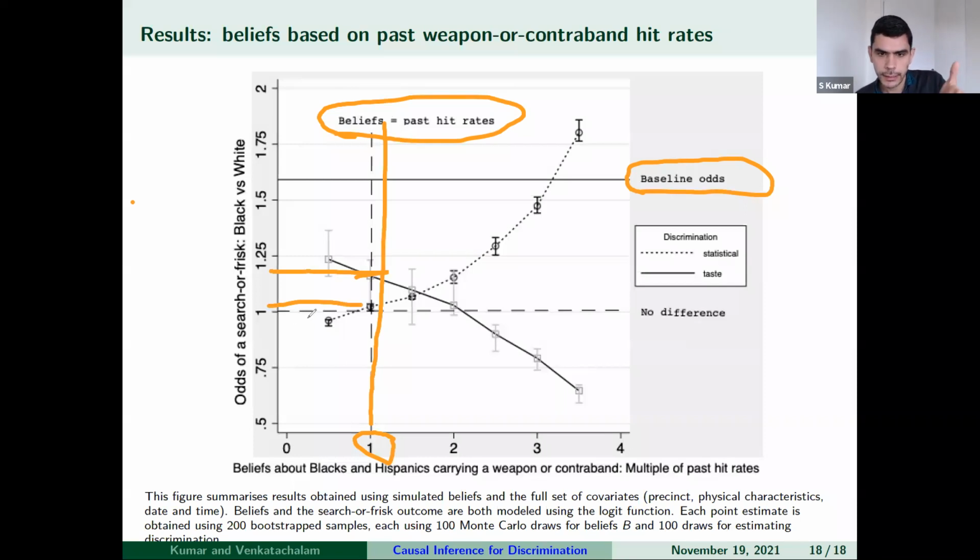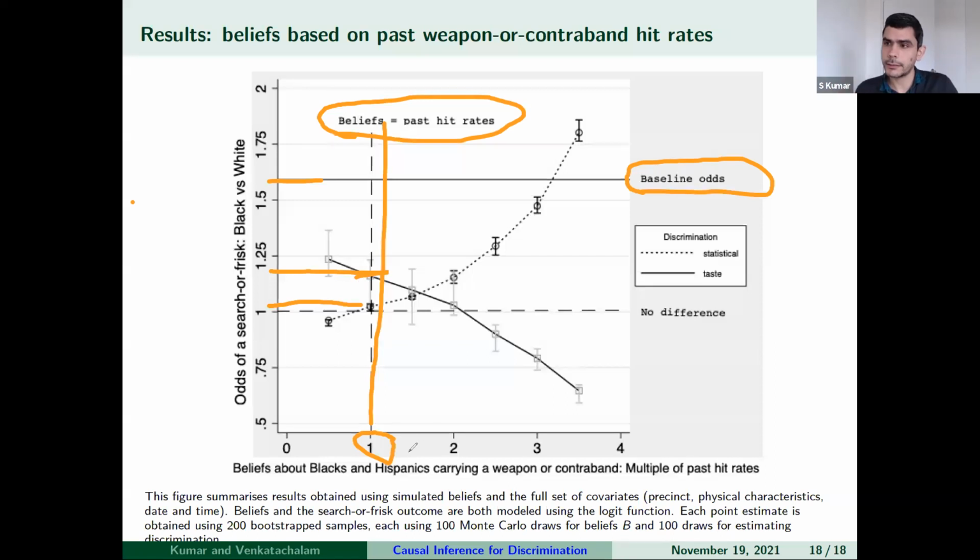In other words, statistical discrimination is basically nil because the odds remain 1. Taste discrimination is some number around 20%. So both these numbers are a lot lower than the observed baseline odds. So now you can say, well, if we want to explain the observed difference in outcomes in terms of statistical discrimination, how adverse must the beliefs be?